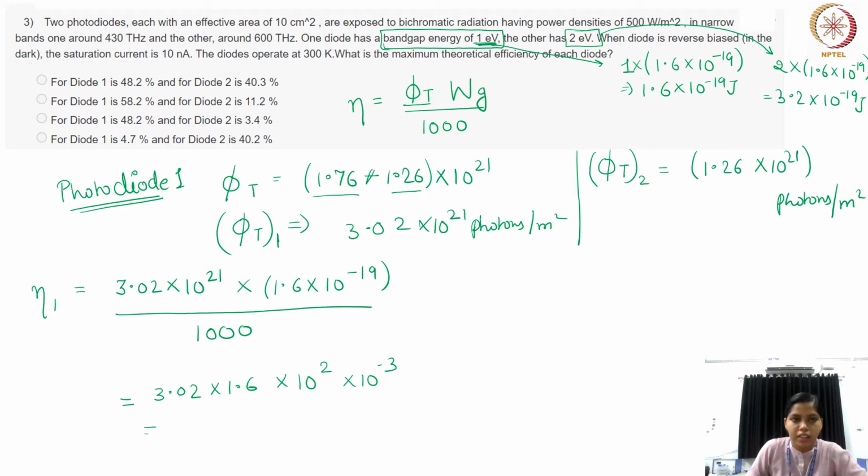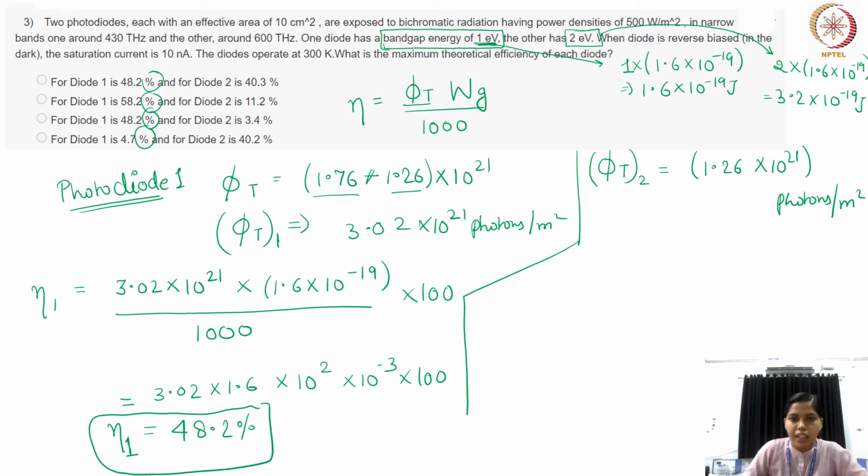Since we are calculating the efficiency, which is given in percentage, we'll multiply the expression by 100 here. So for the first photodiode, the maximum theoretical efficiency value will come 48.2%.